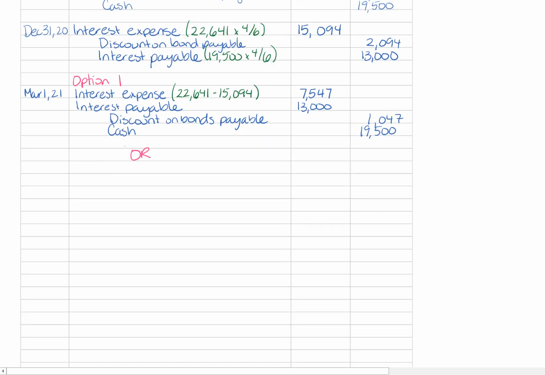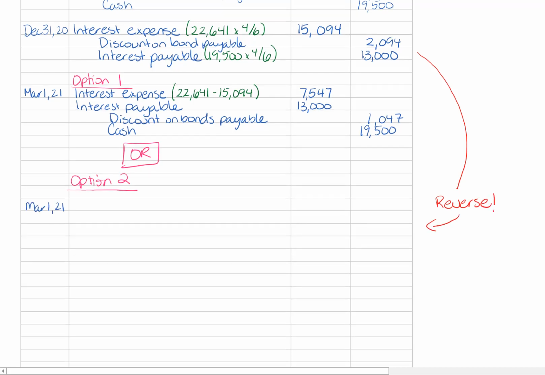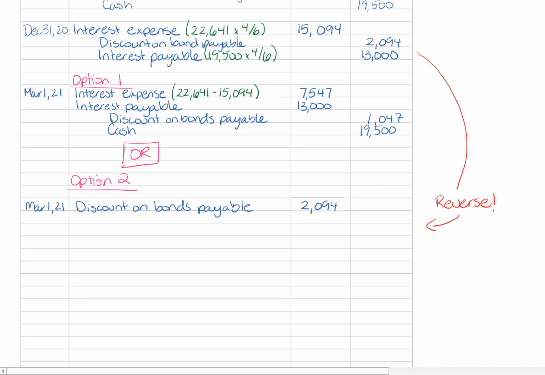Again, option 2 is going to be to completely reverse the December 31st accrual and then put in a normal March 1st, 2021 journal entry. So first, in order to reverse my December 31st accrual, I'm going to debit discount on bond payable $2,094, debit interest payable $13,000, and credit interest expense for $15,094.